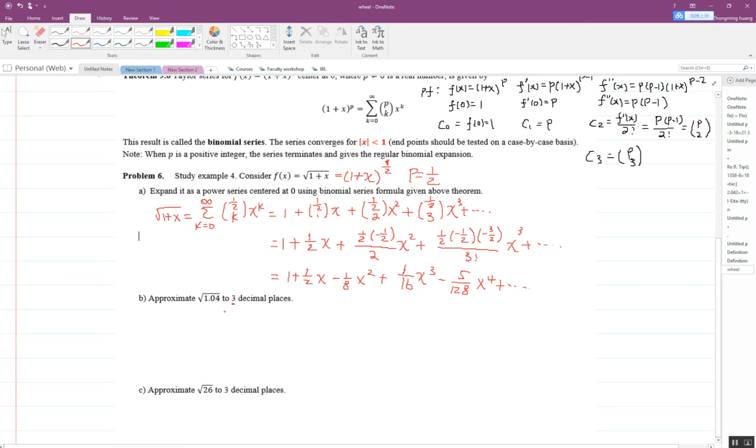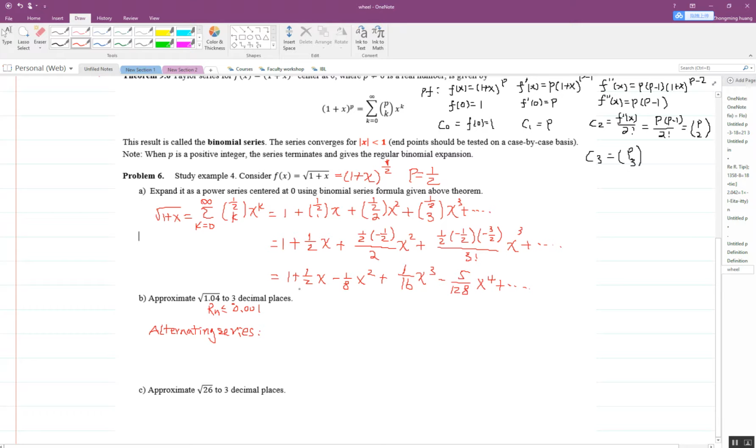Which means the remainder must be less than or equal to 0.001. First of all, you may observe that this is an alternating series.